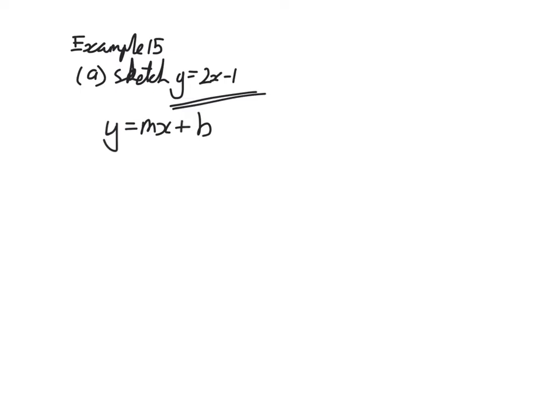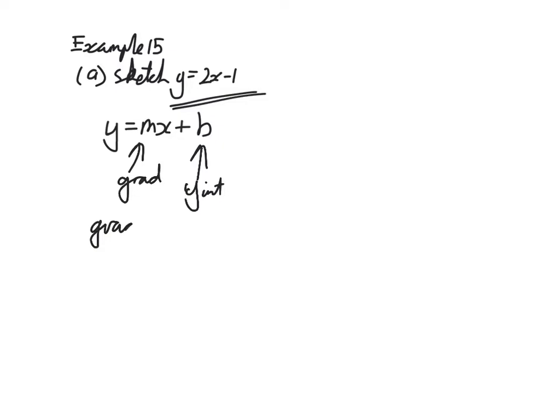We also need to remember that this m is the gradient. So let me write that in there. So that there is the gradient. I'm just going to write grad. And this bit here becomes the y-intercept. And I know that you'll remember that I used to just write y-int for y-intercept for the b. And so from this, we can see quite clearly that the gradient equals 2.